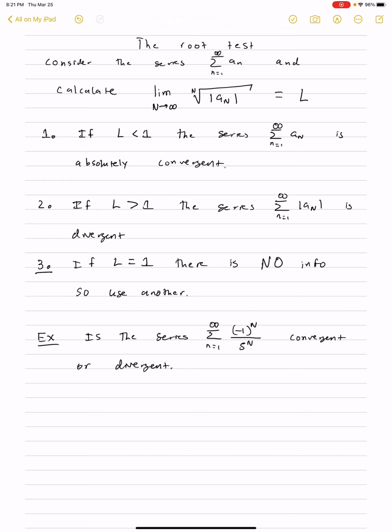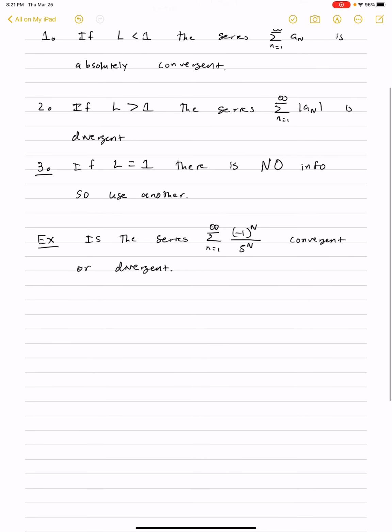If it said, is it absolutely convergent, we couldn't use it. So we have the option of using the root test or the alternating series test on this series. But for the sake of example, I'm going to answer it using the root test.